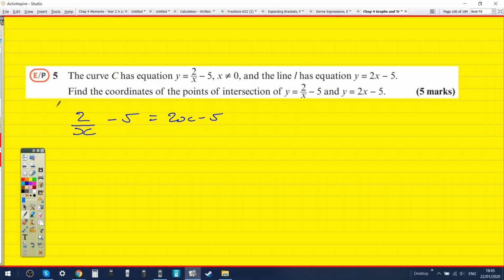So then would you times everything by x? Sure. So you get 2x squared minus 5x on that side. And then on this side do we get 2 minus 5x? Yeah.